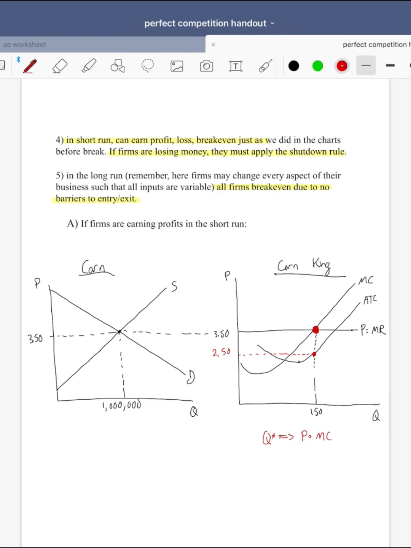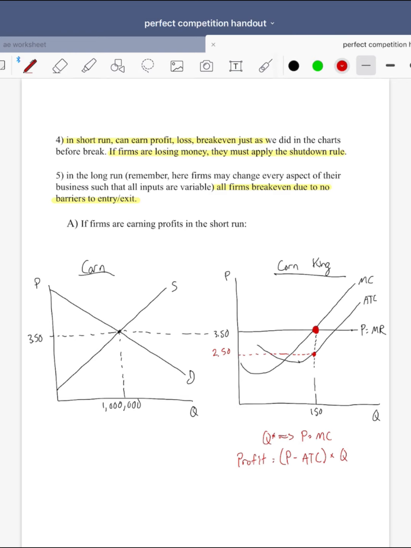All right, so let's say that I'm selling 150 units, because remember, we'll always be able to find our profit maximizing output. So Q star, you can find it where price is equal to our marginal cost, which occurs right here. So at $3.50 and 150 units.